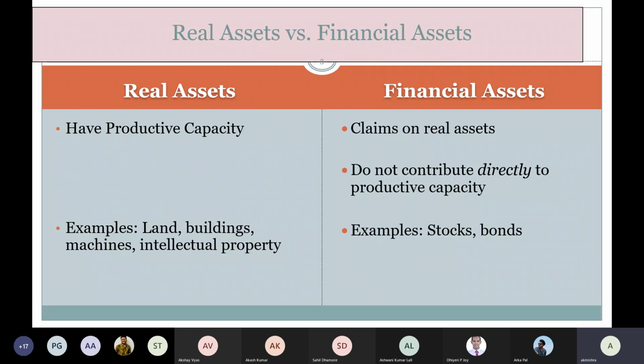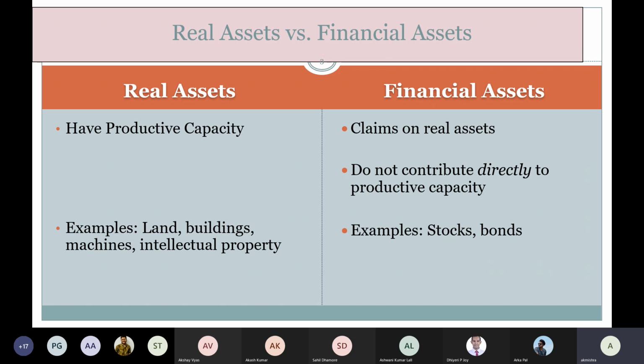So in that case, these owners or claimants, the people who are the shareholders or bondholders, can force the company for liquidation of these physical or real assets, and they will get their claim, or they will get a proportionate claim, because when it is going to be distributed, based on certain priority, claims will be given to individuals.